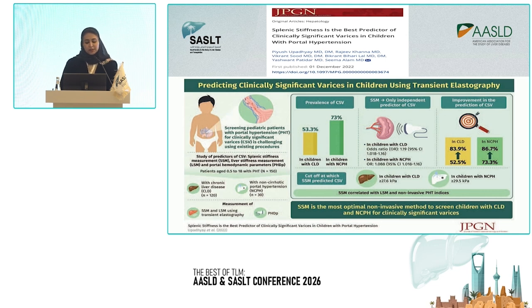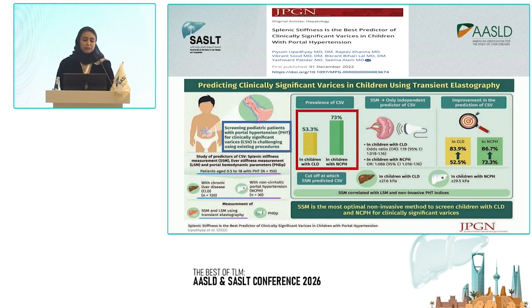In this study published in JPGN in 2022, the aim was to screen pediatric patients with portal hypertension for clinically significant varices. The number of patients was 150, aged between 6 months and 18 years, and they reviewed patients with chronic liver disease and with non-cirrhotic portal hypertension, and they used splenic stiffness measures and also liver stiffness measures for assessment.